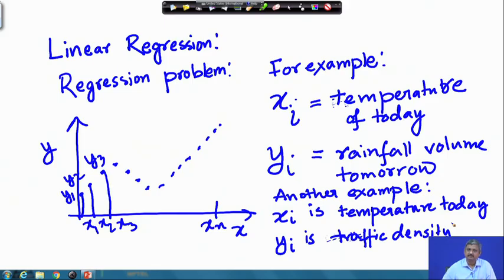If it is very hot, people do not go out; if it is very cold, people do not go out. So, can I predict the traffic density as a function of the temperature of the day? It is a regression problem.